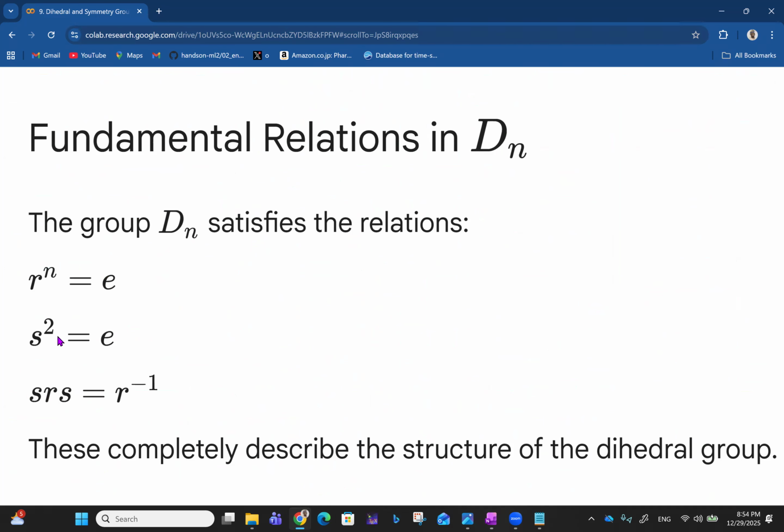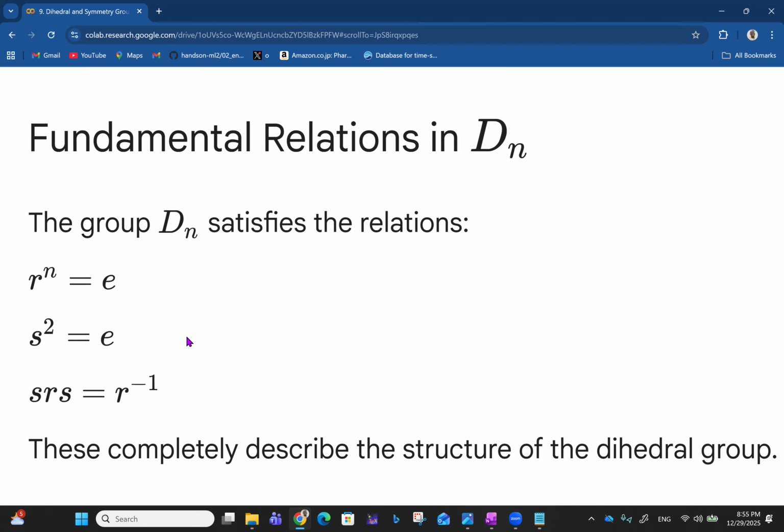Then apart from that, S squared is E. So the second reflection is also E, which means the square of the reflection is equal to the identity. Then SRS, that is the reflection multiplied by rotation multiplied by reflection, gives you the inverse of a rotation. So this completely describes the structure of the dihedral group.